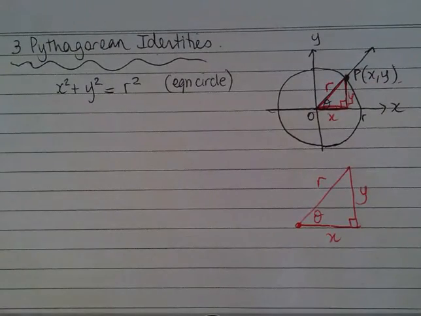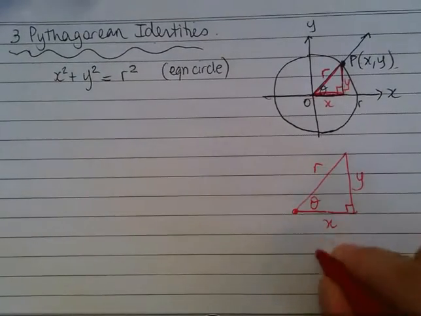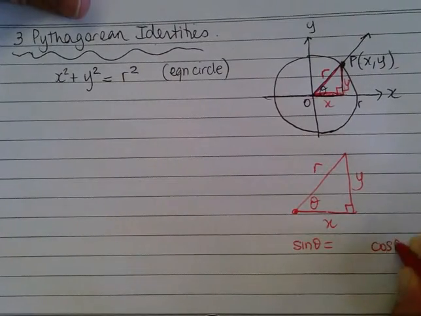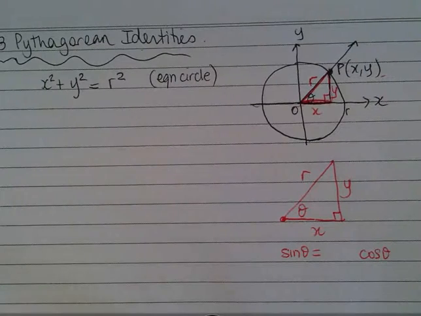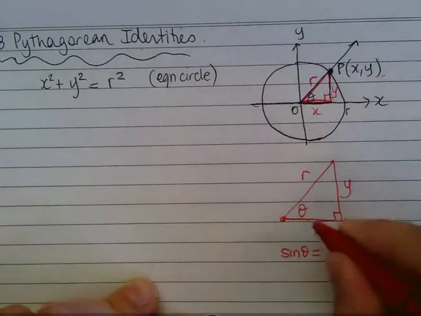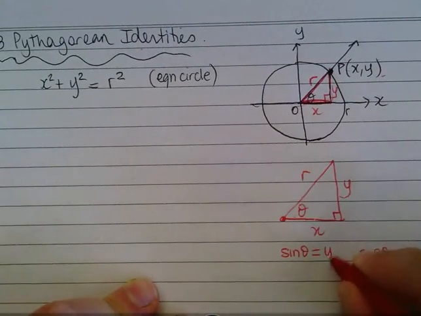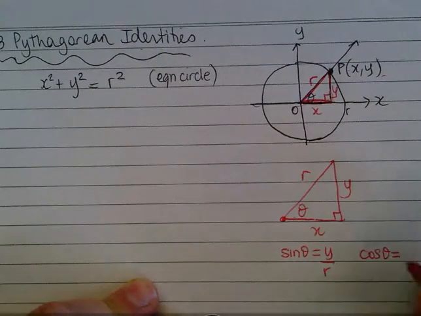We've sort of done this before. Can you tell me what sine theta and cos theta are in that circle? Sine theta is y on r and cos theta is, very good.